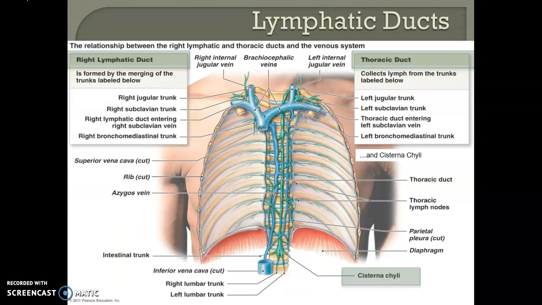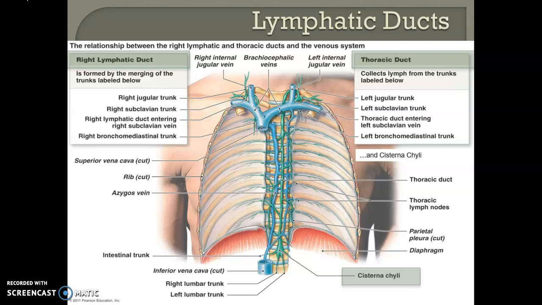So, the lymphatic trunks join to form lymphatic ducts, and there are two important lymphatic ducts present. These ducts empty lymph back into the venous circulation. We have a right lymphatic duct, as shown here, and then we also have a thoracic duct.